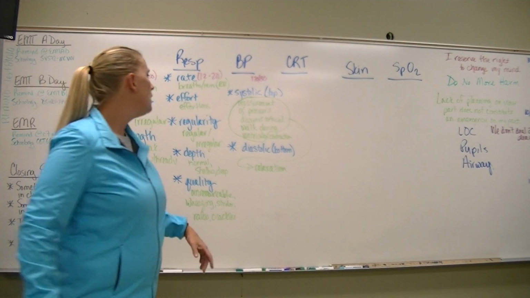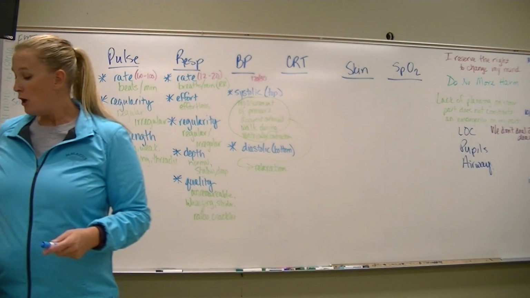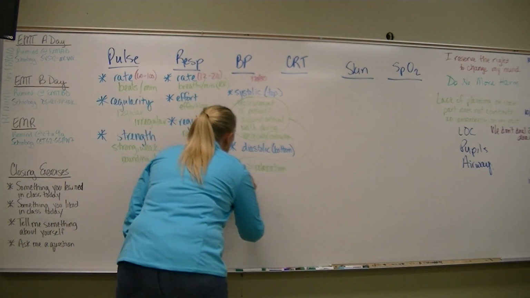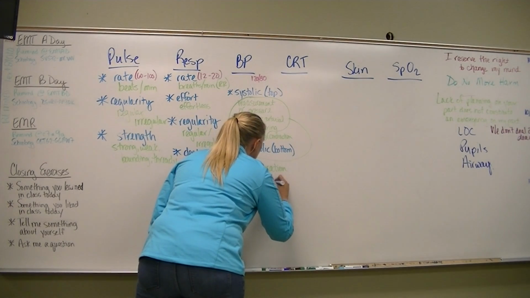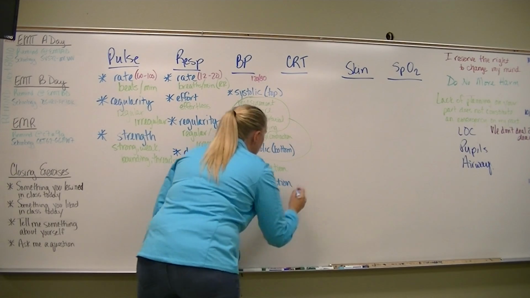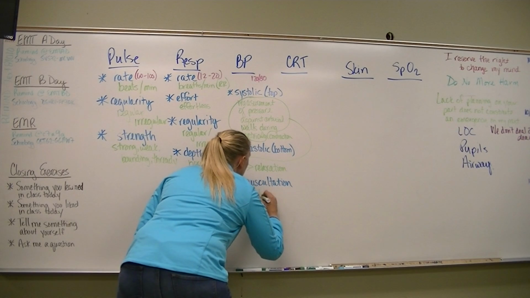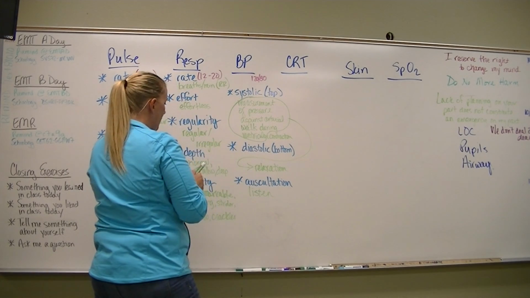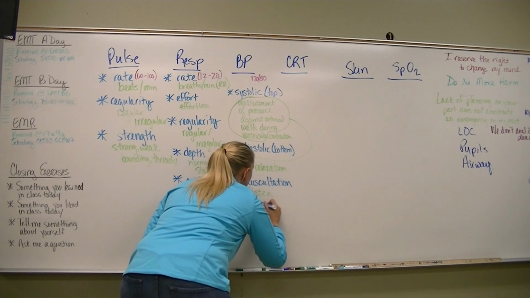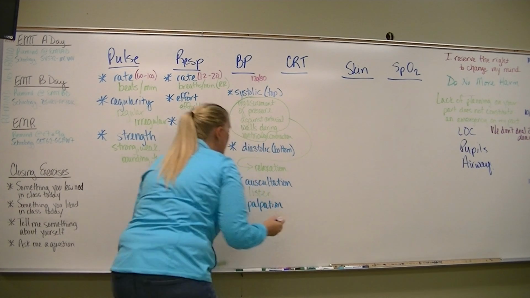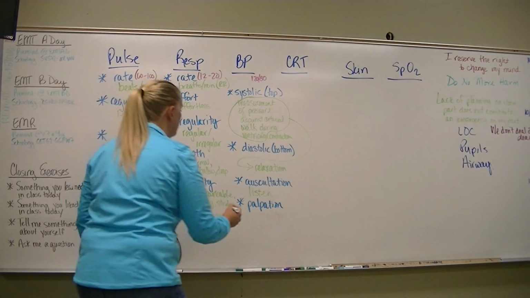So sometimes we measure blood pressure by palpation. We have two ways to measure blood pressure: by auscultation, which means we use our stethoscope to listen, and by palpation, which means we use our hands to feel.